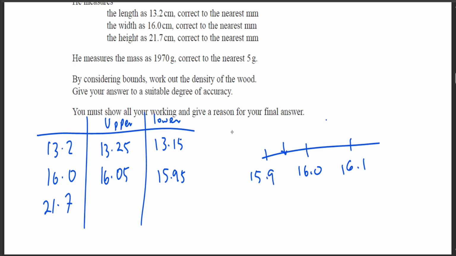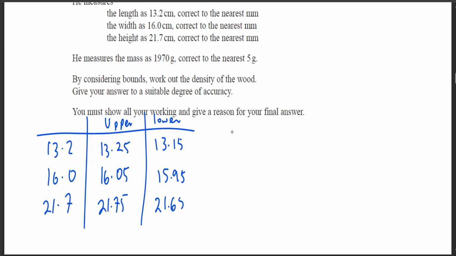So obviously 15.95, and the other one is 16.05. So it's very simple. You just need to visualize. Now the upper bound here is 21.75, and the lower bound is supposed to be 21.65.